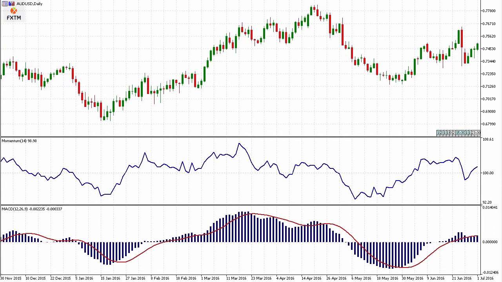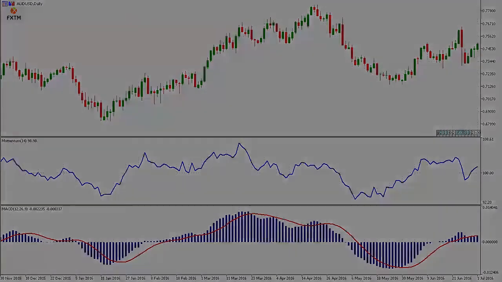So you can see in this example that the momentum oscillator was beginning to rise, and in fact the MACD crossed above its baseline. But just previous to that, the MACD had crossed above its signal line, which was giving traders an early warning sign that we may be looking at a cross not only of the MACD above its baseline, but also the momentum oscillator above its 100% line.